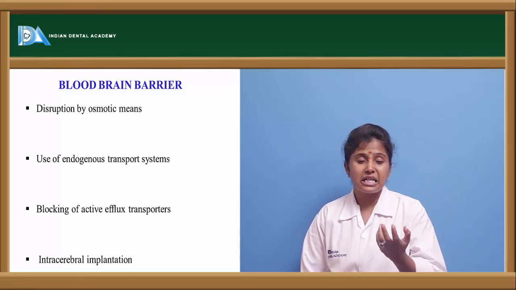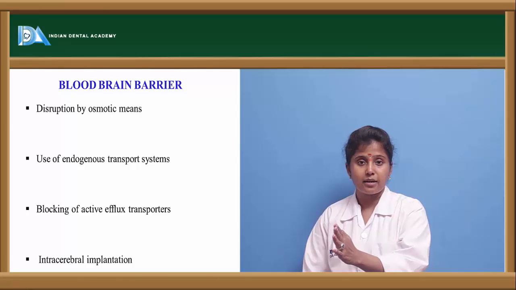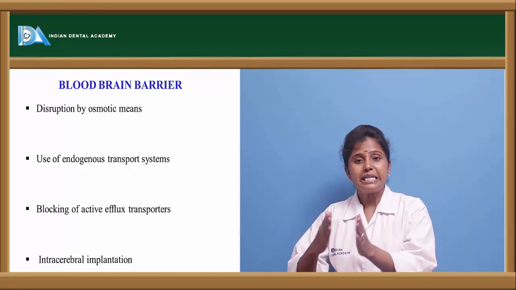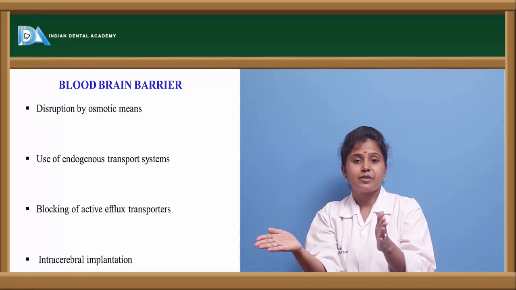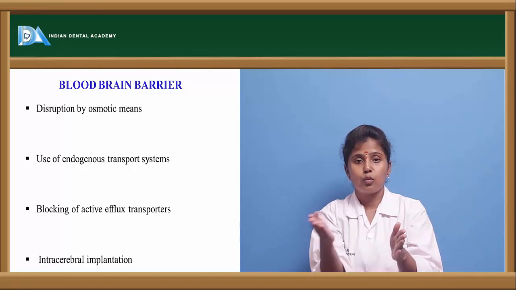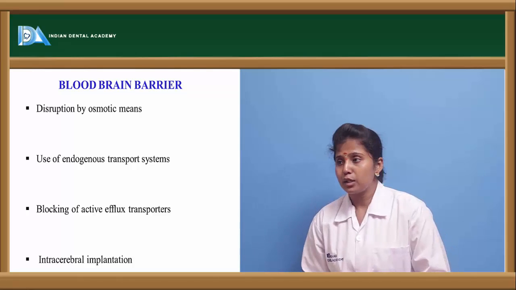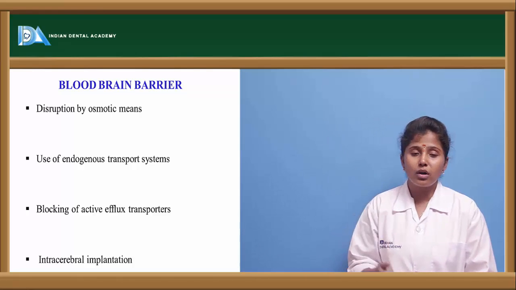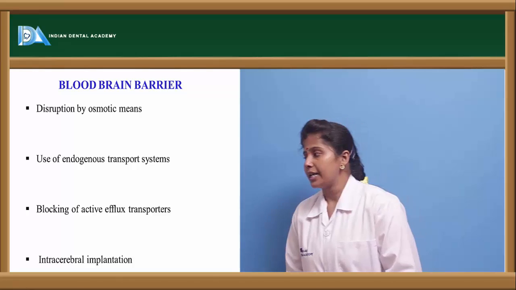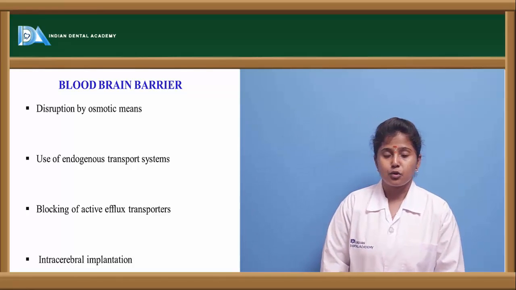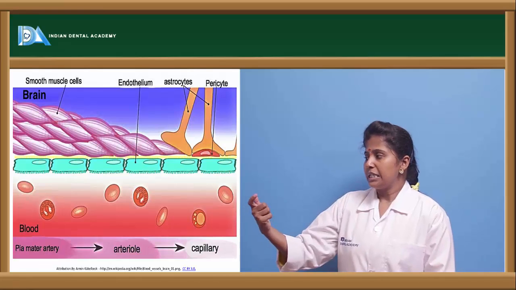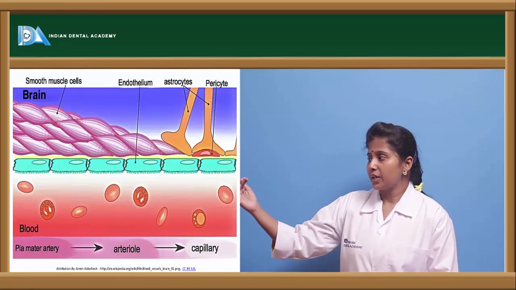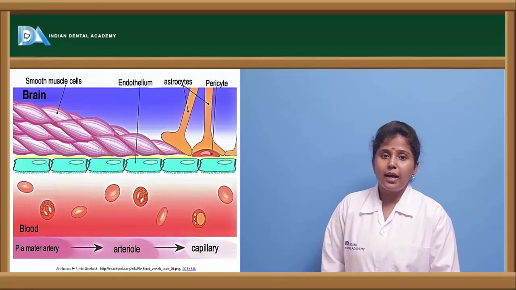If efflux transporters are there inside the brain or between the blood-brain barrier and the drug, then these efflux proteins throw out the drug. They won't allow the drug to stay inside the tissue for a longer period of time, or they block the entry of the drug. And intracerebral implantation. In all these conditions, the distribution is affected. So this is the blood-brain barrier where the drug molecule is entering into the brain.